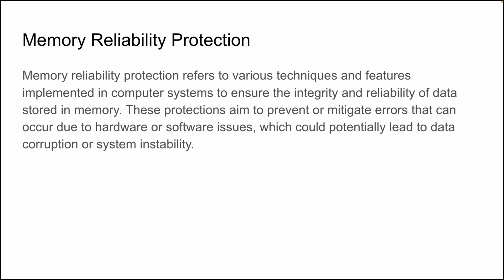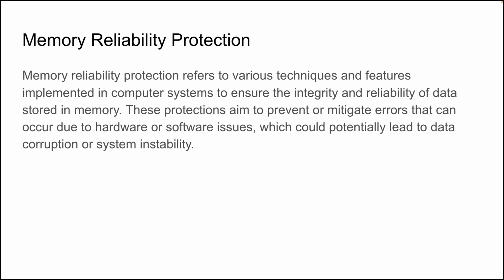Memory reliability protection refers to various techniques and features implemented in computer systems to ensure the integrity and reliability of the data stored in memory. These protections aim to prevent or mitigate errors that can occur due to hardware or software issues, which could potentially lead to data corruption or system instability.